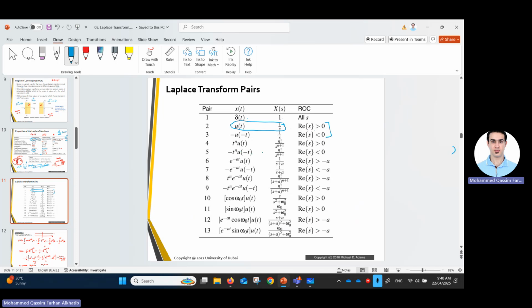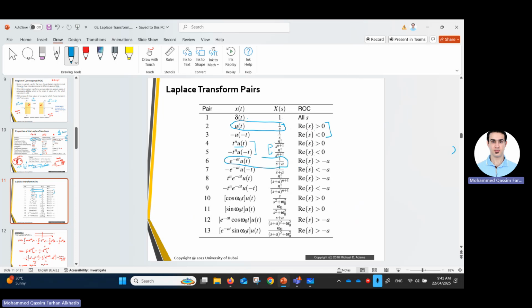All right, so another expression here. Notice also they are similar in terms of Laplace, but the region of convergence is a bit different. One common one we'll be dealing with is this one.